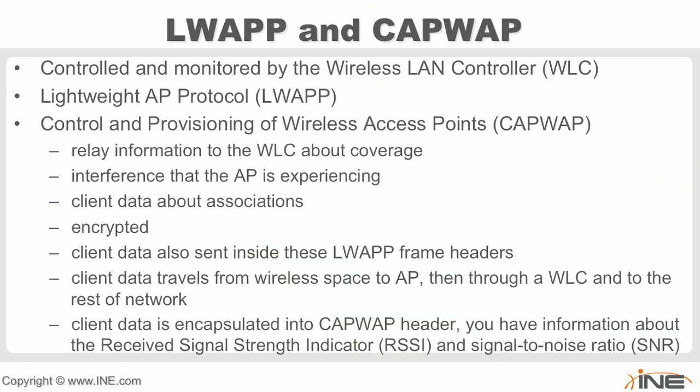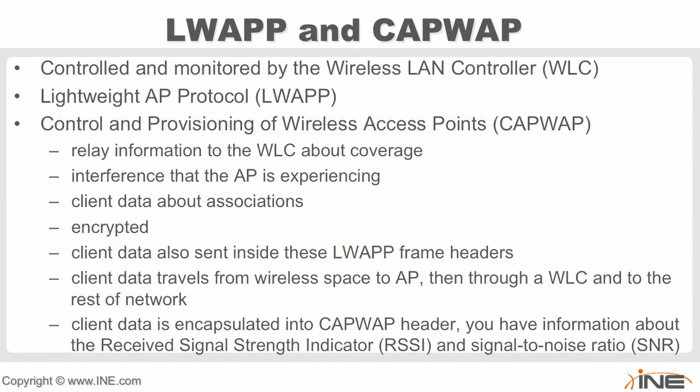Now we want to take a look at LWAP and CAPWAP. LWAP is the Lightweight Access Point Protocol, and CAPWAP is the Control and Provisioning of Wireless Access Points. CAPWAP has taken over and superseded LWAP.